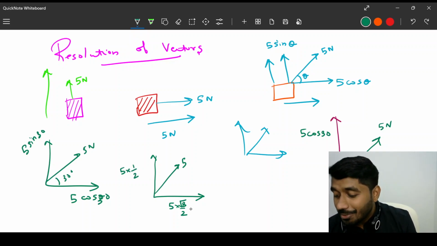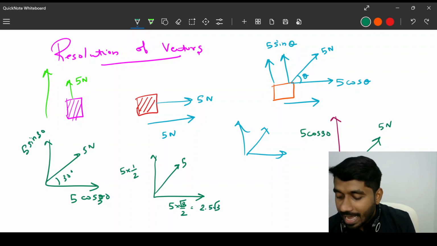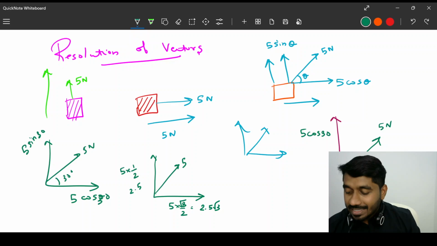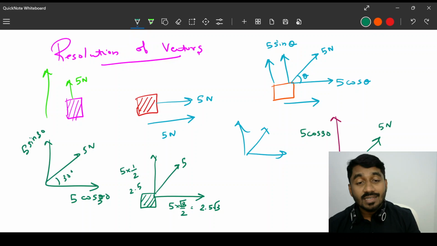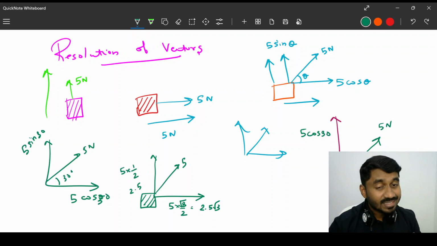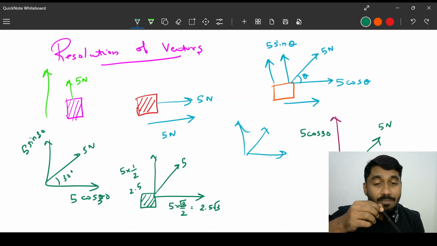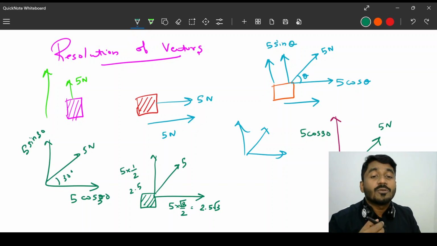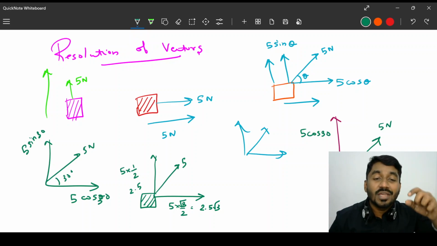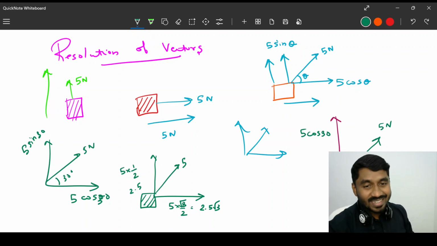So that 5 Newton is resolved into 2.5 root 3 and 2.5. Clear? The net force acting on the object will be the vector sum, or the resultant, of these two vectors. This is the concept of resolution of vectors. It is nothing, guys: whenever a vector is applied at an angle theta, it is resolved into two, one in the horizontal direction and one in the vertical direction, as we discussed.